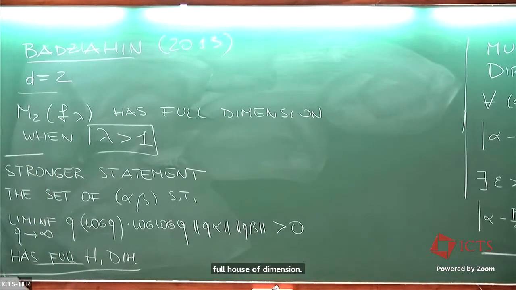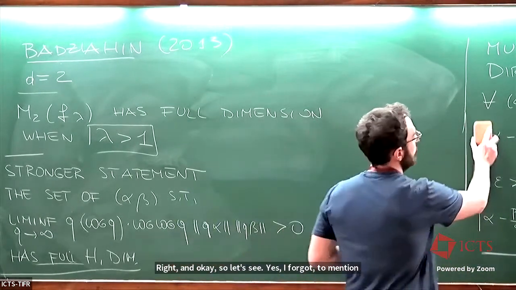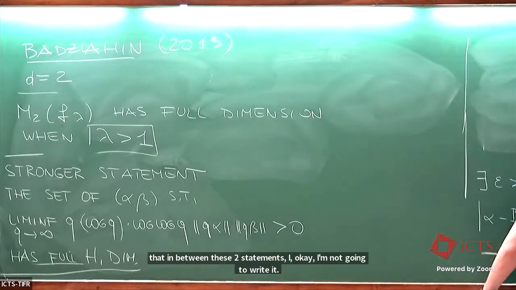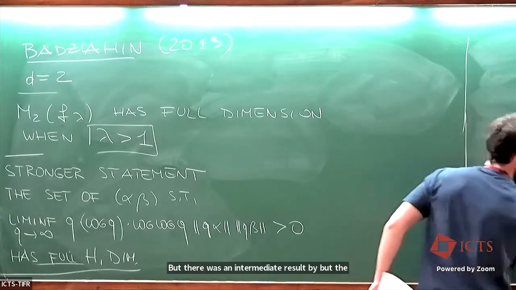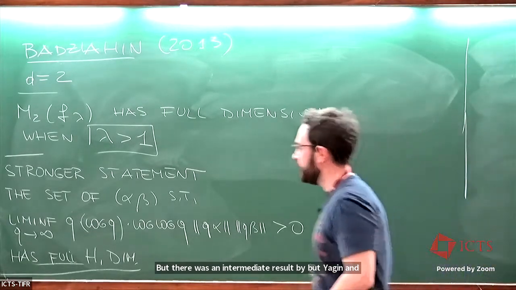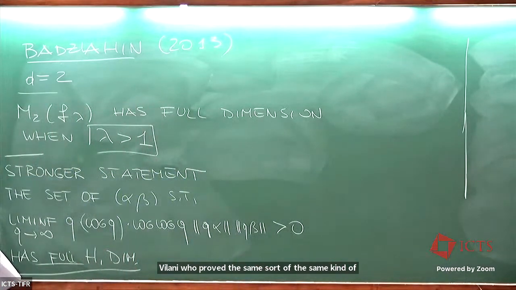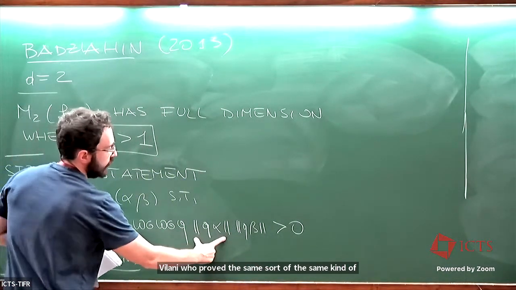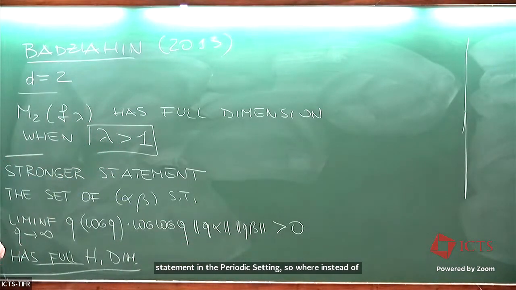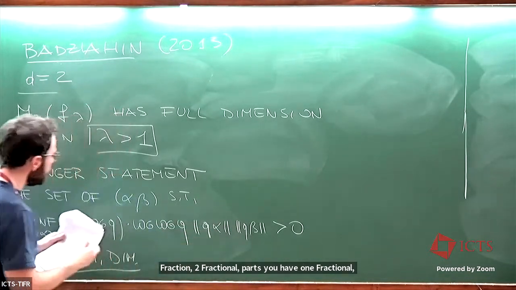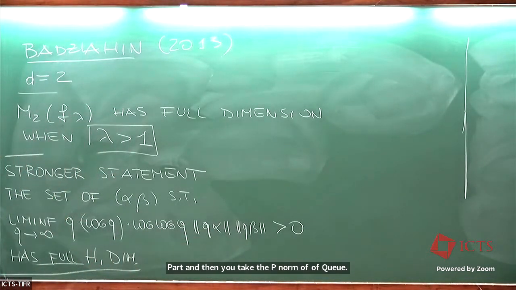Right, and okay, so let's see. I forgot to mention that in between these two statements there was an intermediate result by Badziahin and Velani, who proved the same kind of statement in the p-adic setting, where instead of two fractional parts you have one fractional part, and then you take the p norm of q. So the same statement holds.